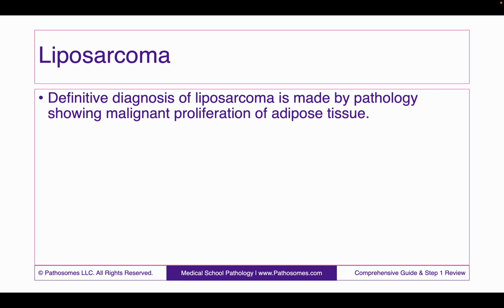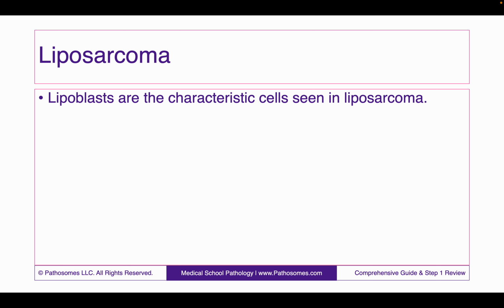Definitive diagnosis of liposarcoma is made by pathology, showing malignant proliferation of adipose tissue. Lipoblasts are the characteristic cells seen in liposarcoma.